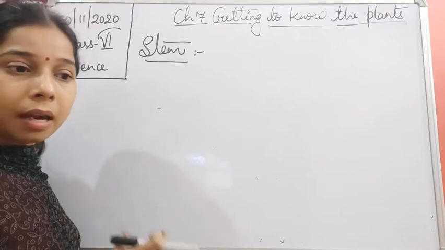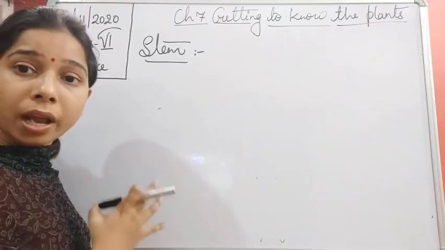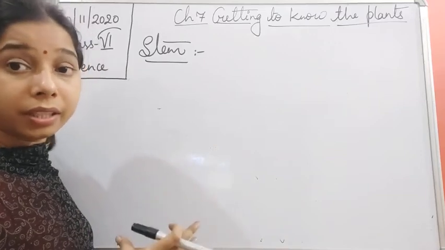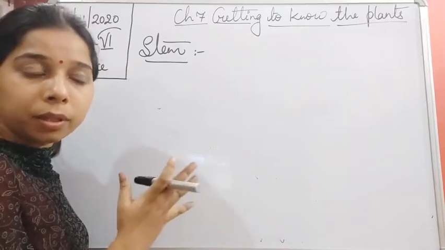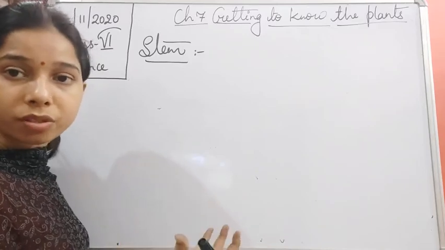Trunk is very thick and very hard, and it helps all the branches and leaves to stand properly. It helps in holding the leaves and the branches.